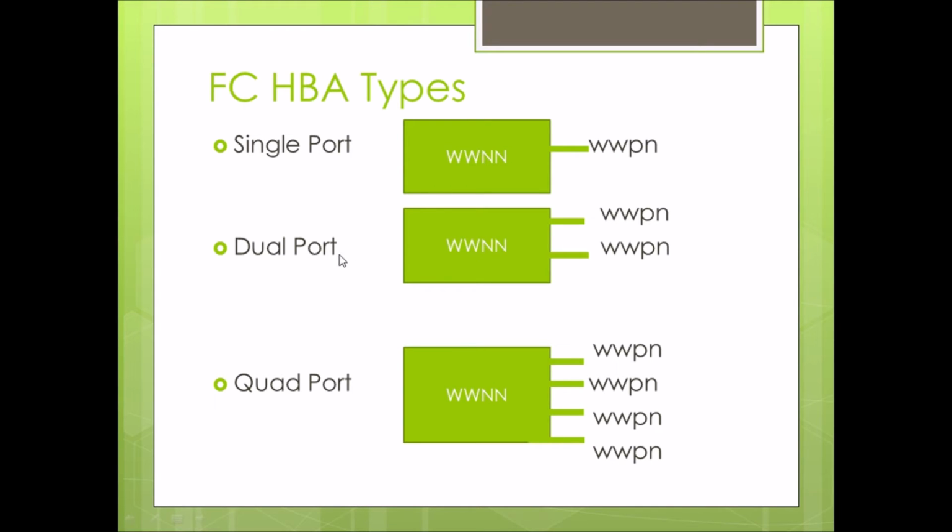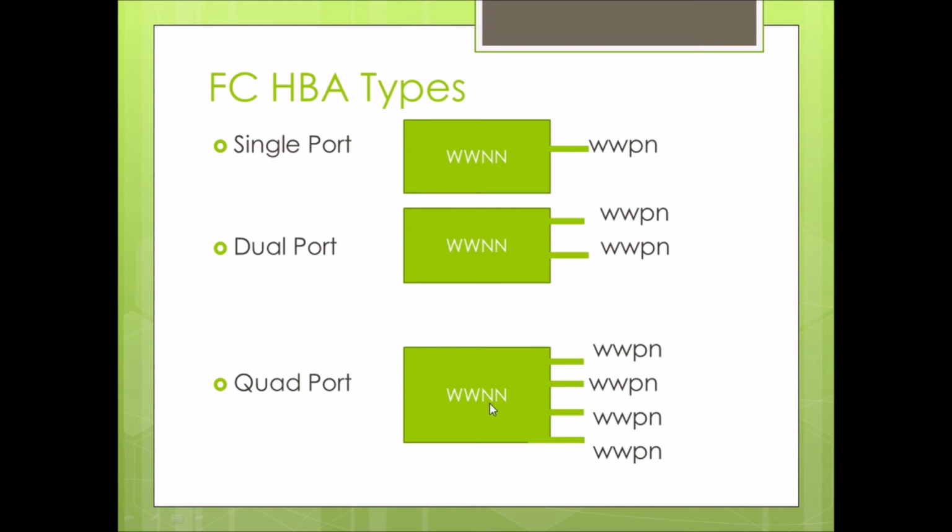If we look at this dual port, so this is our FC adapter, that is HBA card. And here for the entire adapter, one WWNN number is available, and for each port a unique WWPN number is available. So in case of a dual port, we get a single WWNN and two WWPN numbers.